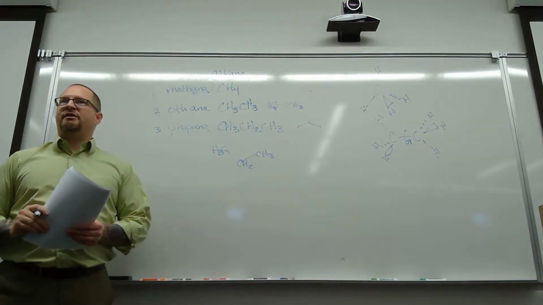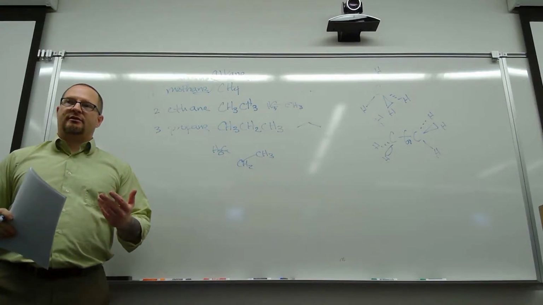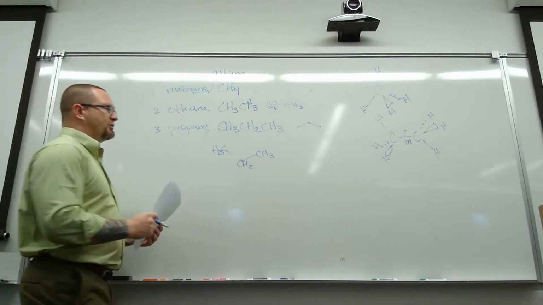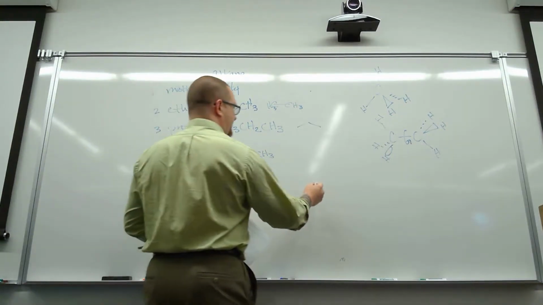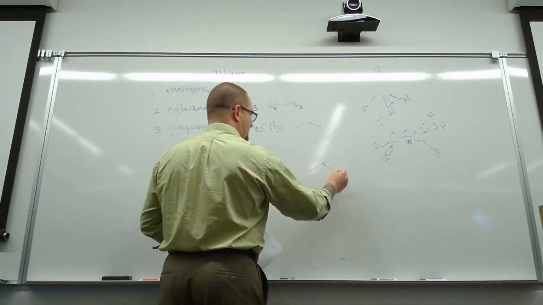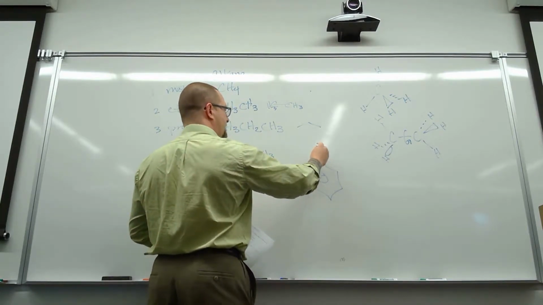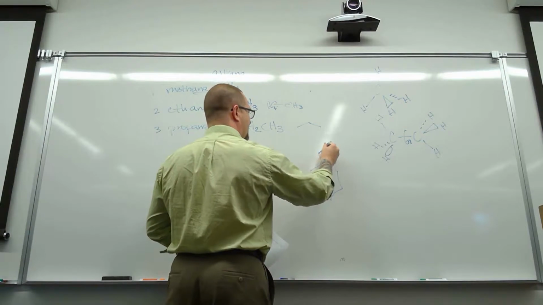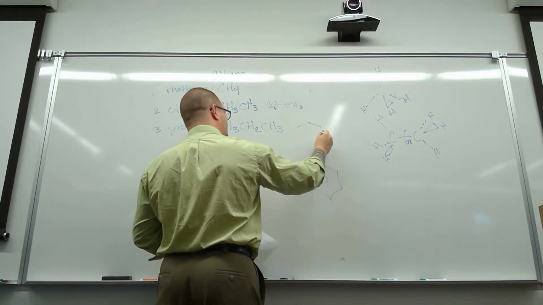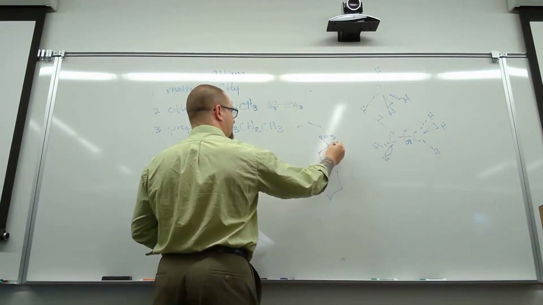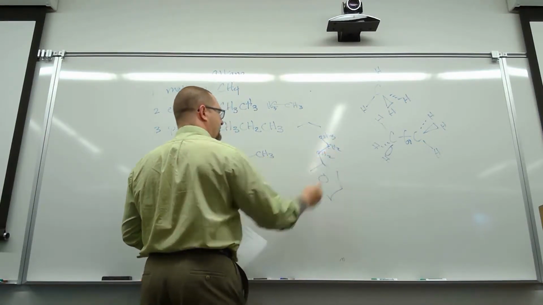But if propane is being used as a substituent group, meaning we have some large compound, or let's say a benzene ring, we can have a propyl group that looks like 1, 2, 3 attached to it. CH3, CH2, CH2.